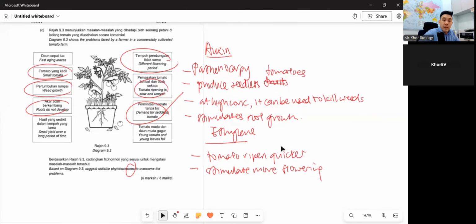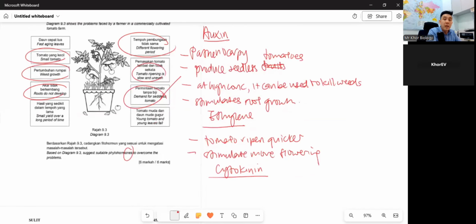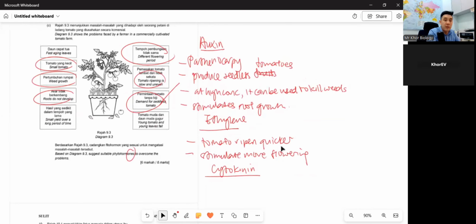Okay, and finally we can bring in maybe cytokinin. One last one if you want to. Why cytokinin? Because it stimulates cell division, promoting growth.